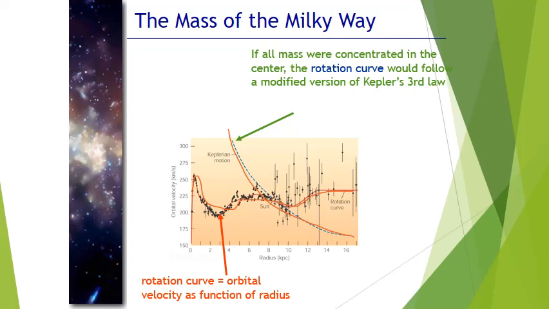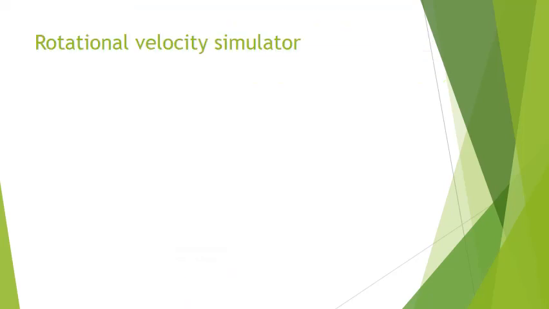So it turns out that stars in the Milky Way galaxy do not behave according to what Kepler would expect, and that means that there must be something else going on. There must be some sort of other gravitational force apart from just the gravitational attraction of the center of the galaxy at play here. There must be mass, there must be matter that we have a hard time detecting, which is influencing the orbital velocity of stars. And it turns out this winds up being dark matter, which we'll have more to say about in the next module.